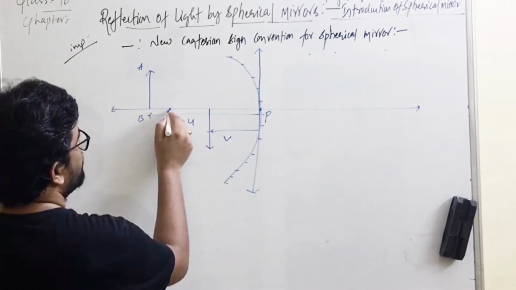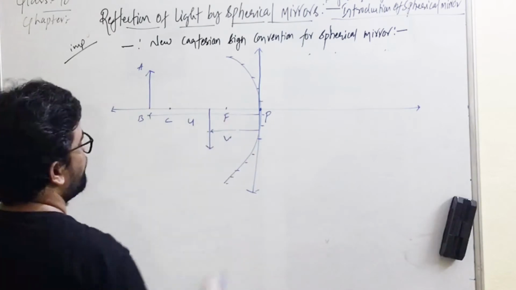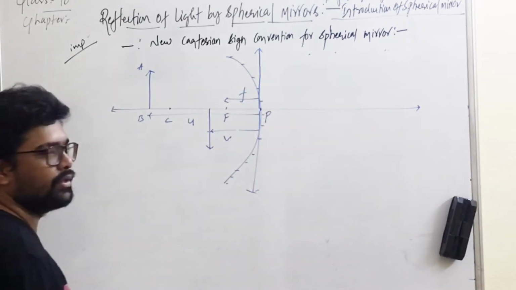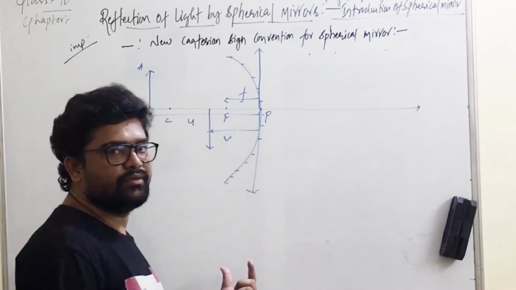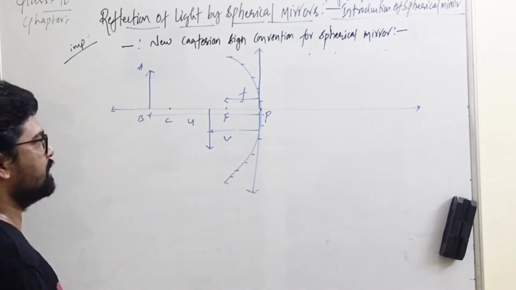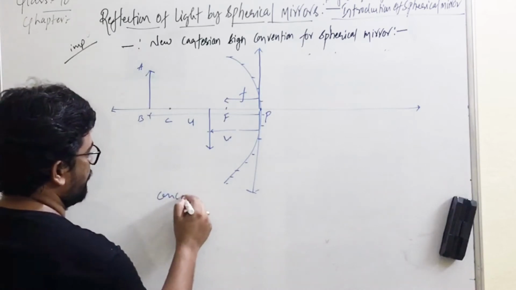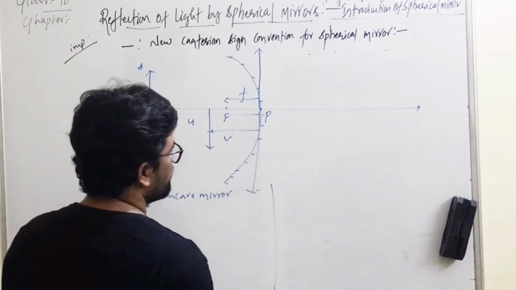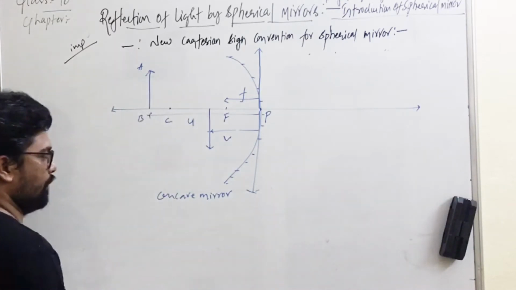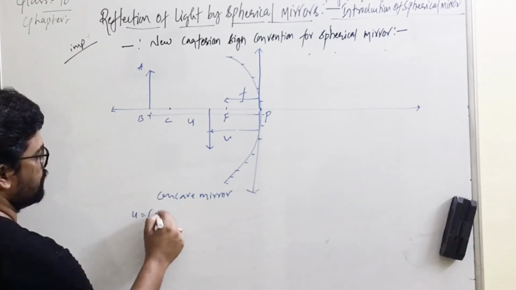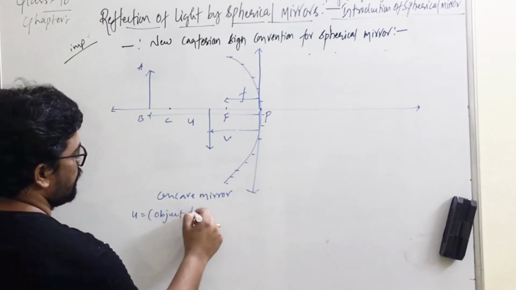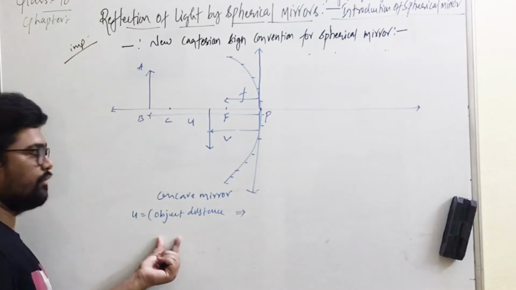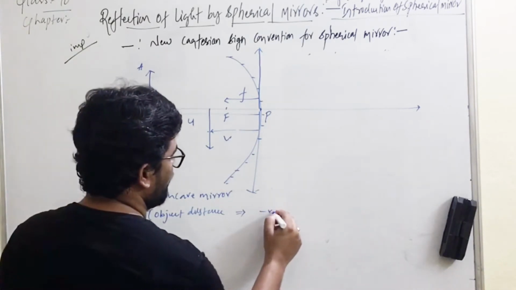If the object is beyond the center of curvature, I get an image between f and c. This distance is f, the focal length. So what could be the signs for object distance, image distance and focal length? For a concave mirror, the sign convention is very important, so let us write it for concave and convex mirrors. u is the object distance, and for a concave mirror it is negative.